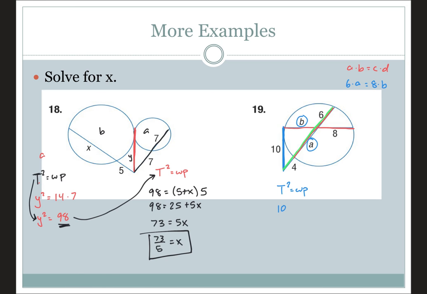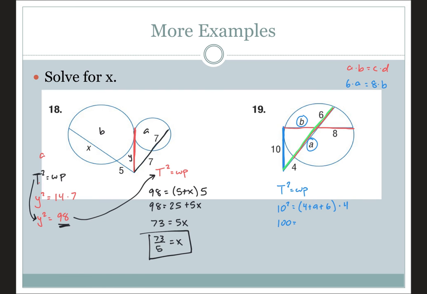Tangent would be 10 squared is equal to, now you've got to be careful because the green line is your whole piece. So this is going to be 4 plus A plus 6 times the outside piece of 4. Now this one looks much better. I only have one variable, A, so I'm going to solve this one.